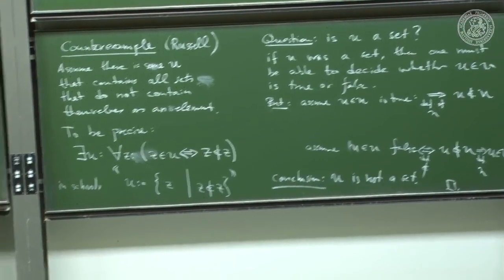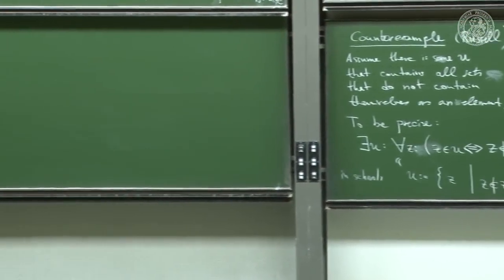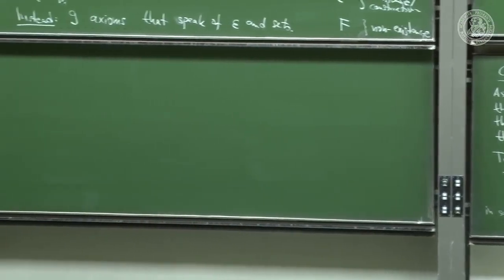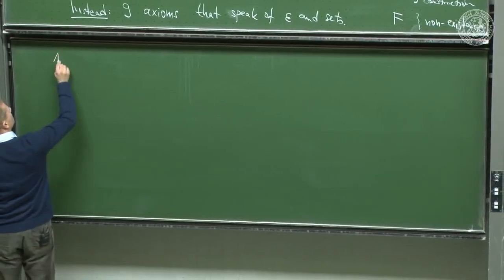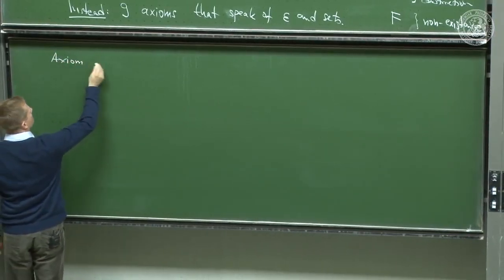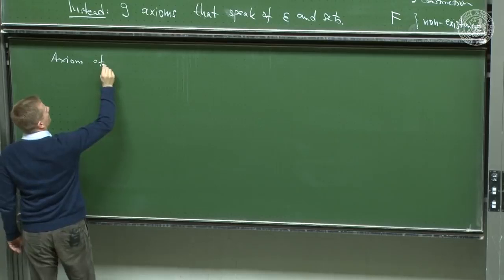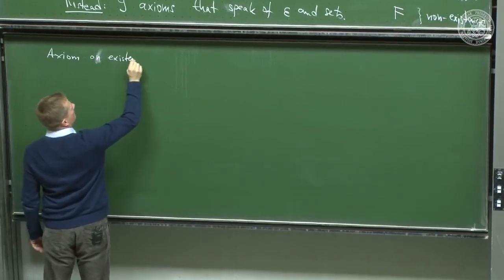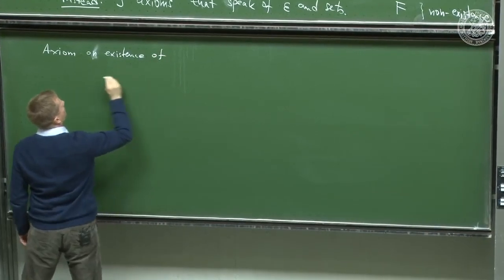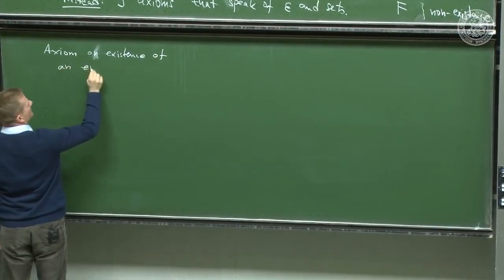So we completed E, the first E. Now we go for the second E. The next axiom is the axiom of the existence of an empty set.